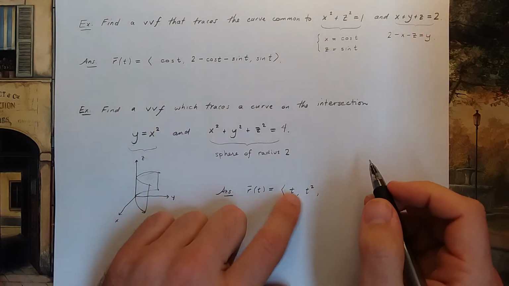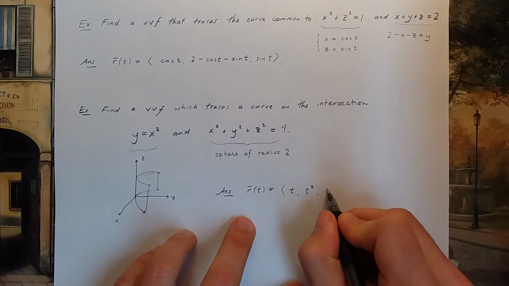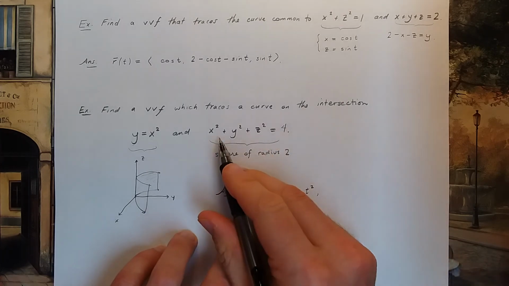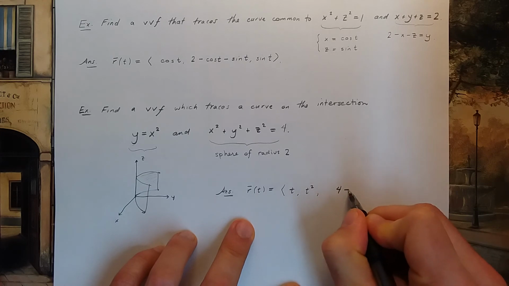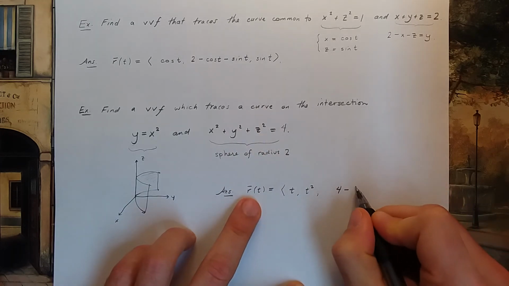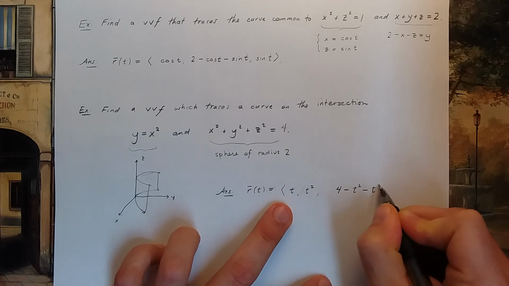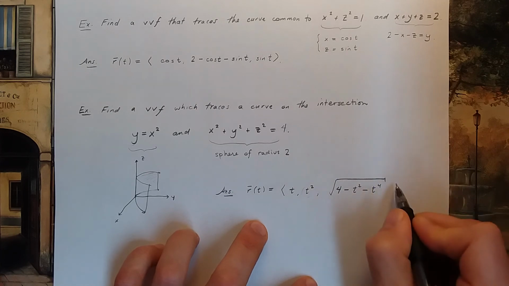And if x is t and y is t squared, then I can use this and find z. So I think I could subtract x squared and y squared from both sides, and I get 4 minus x squared minus y squared, which would be t to the fourth, and then take a square root.